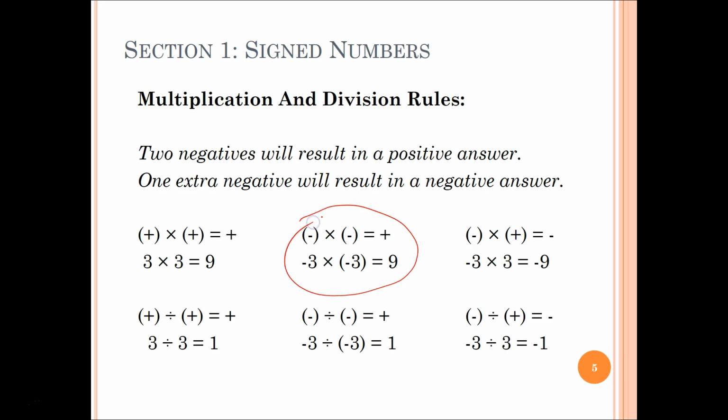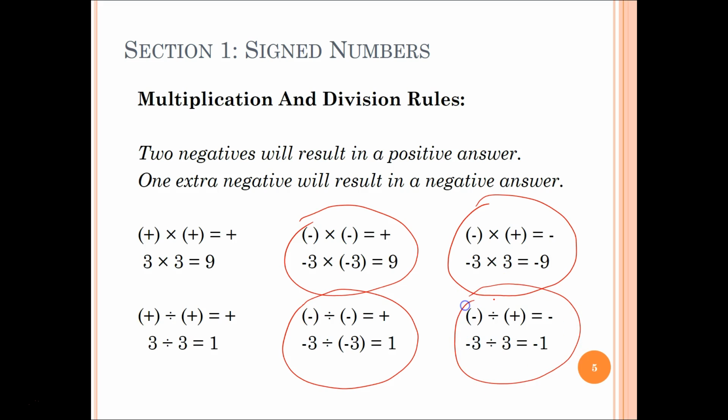Since multiplying by a number is the same thing as dividing by its reciprocal or vice versa here, well, since signs don't change in those cases when we rewrite as multiplying by the reciprocal, then we would expect that the product of 2 negative numbers would be positive, and the quotient of 2 negative numbers would also be positive because of that rule. If we have negative times positive, our answer will always end up as a negative result, and the same being true for division.